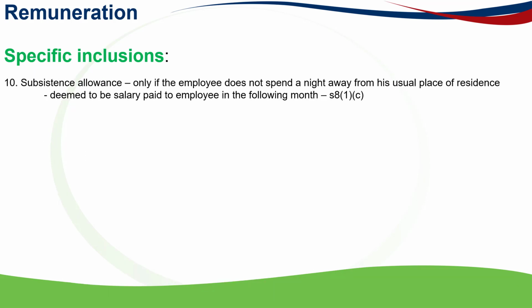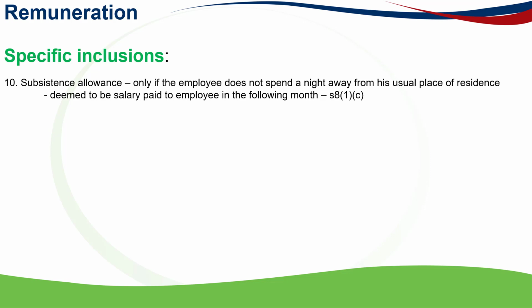Number 10 of the specific inclusions is your subsistence allowance. Remember I said this has its own specific inclusion. And the subsistence allowance is only included if the employee does not spend a night away from his usual place of residence, right?